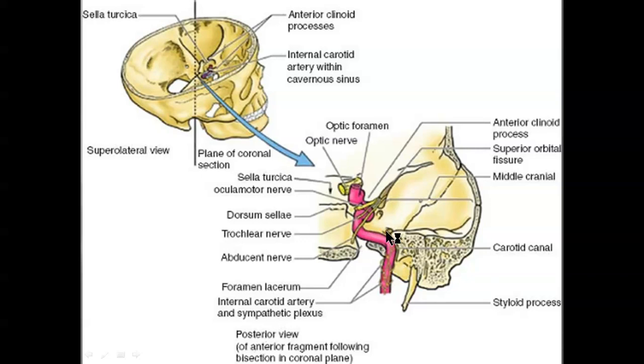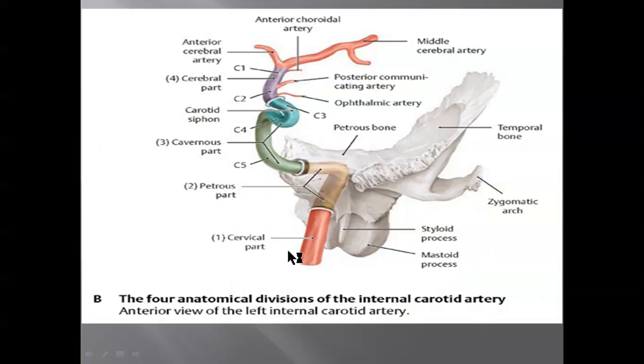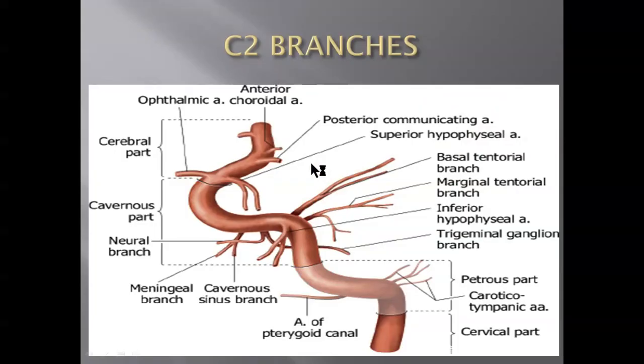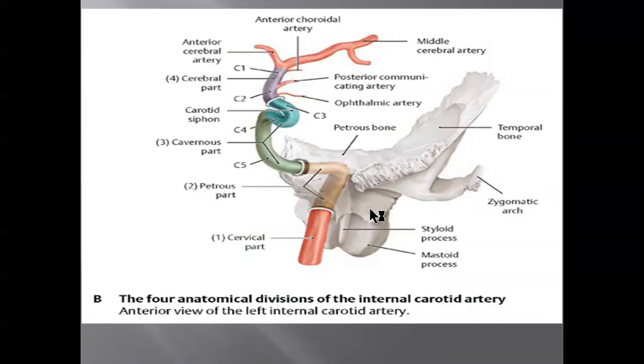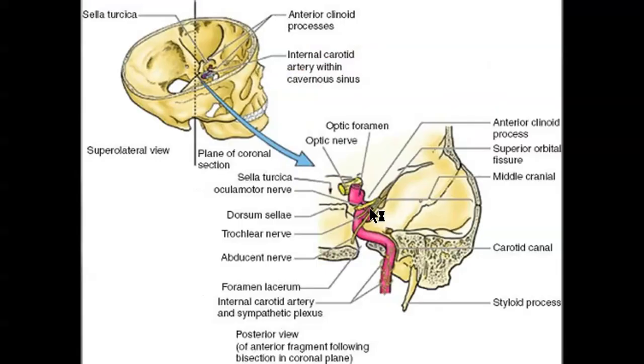So this is the Petrous segment. Again, this image describes the C1 segment. Now here we have the Petrous segment with the vertical segment, the genu, and the horizontal segment over here. Yes, we are done with it.